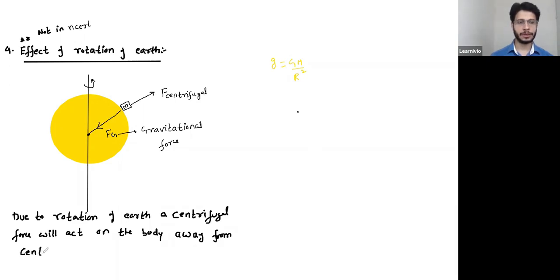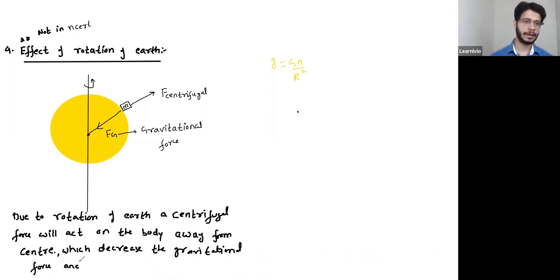Away from the center and along the body, a centrifugal force will act, which decreases the gravitational force and hence acceleration due to gravity.